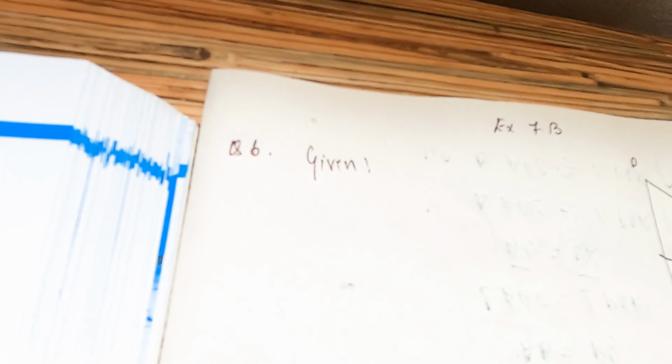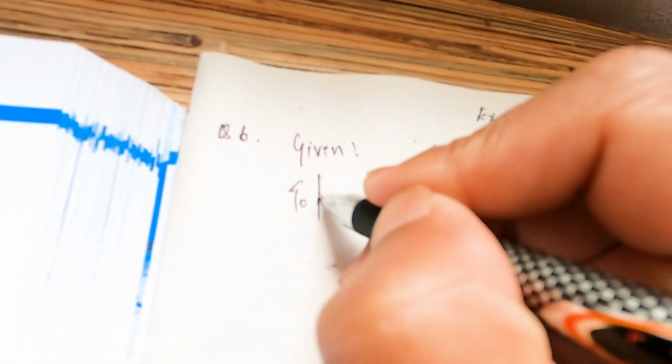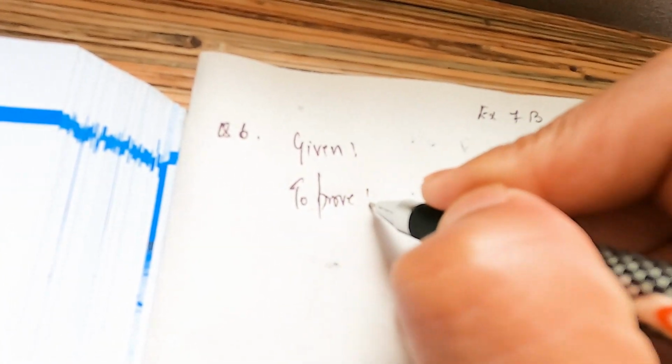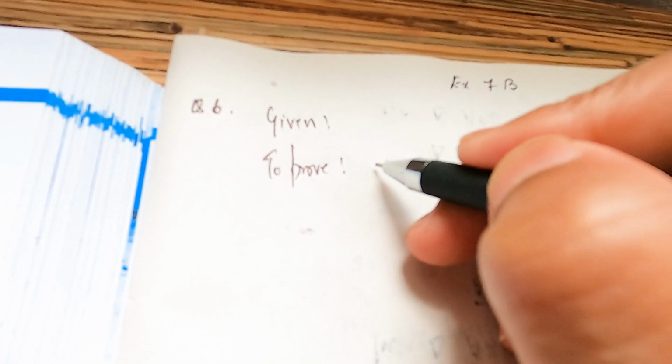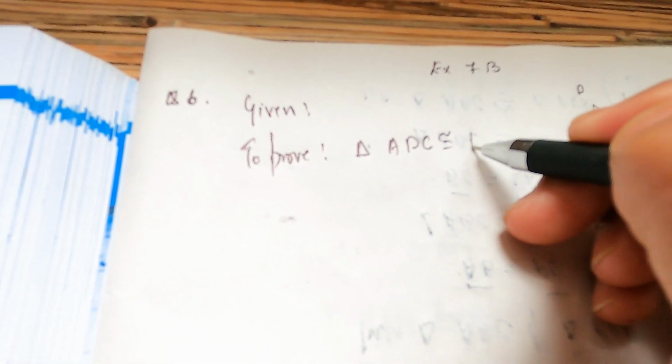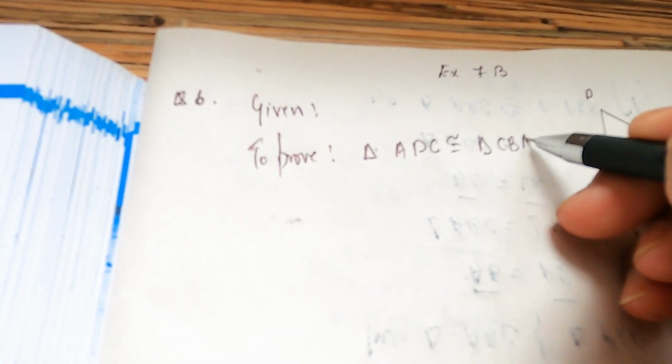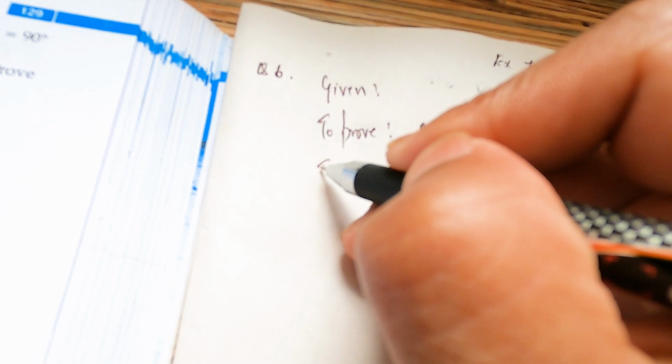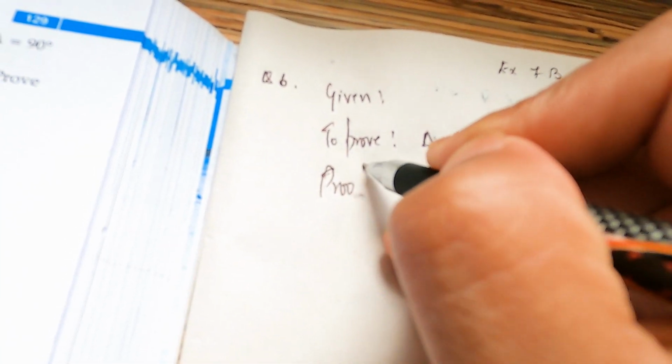Alright, so given, you will note it down by yourself. Then to prove, what do we have to prove? That triangle ADC is congruent to triangle CBA. Alright, then proof.